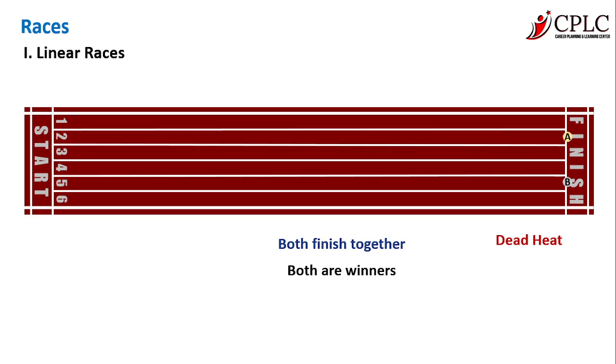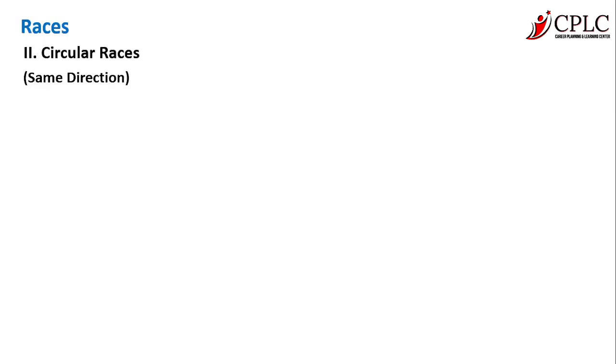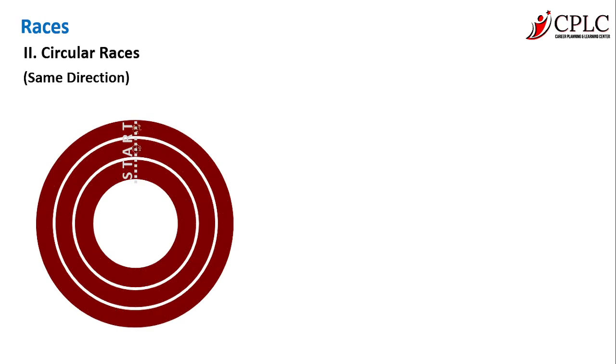Now let's talk about circular races. Circular races also have two types. One obviously is that people are running in the same direction, and the other one is that people are running in the opposite direction.